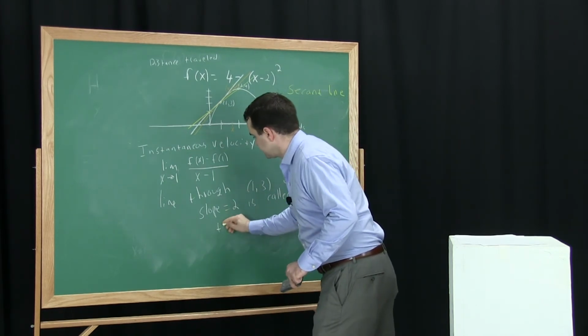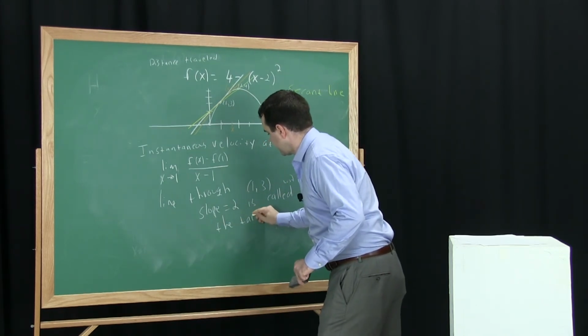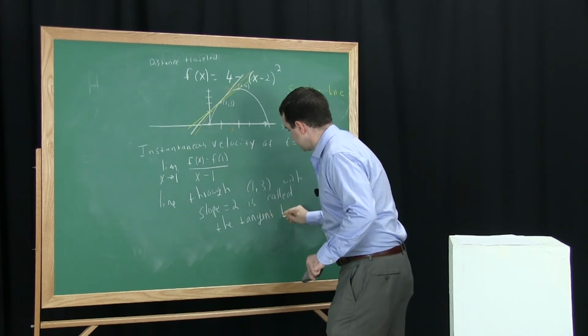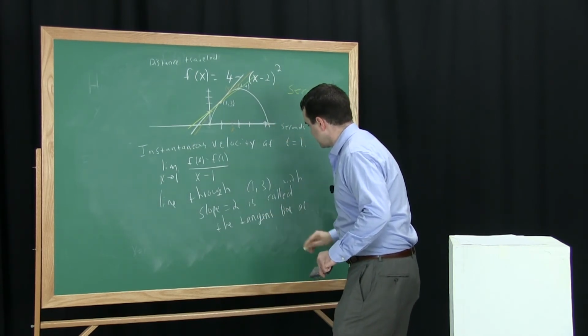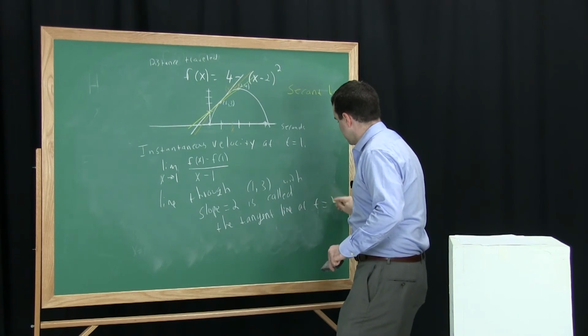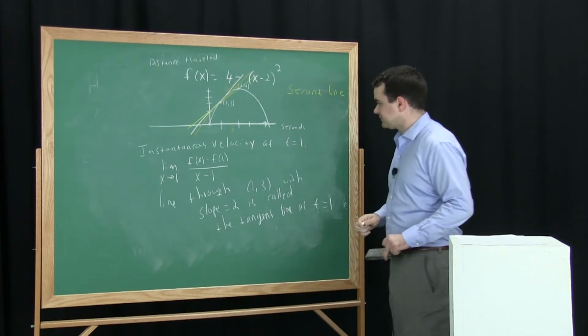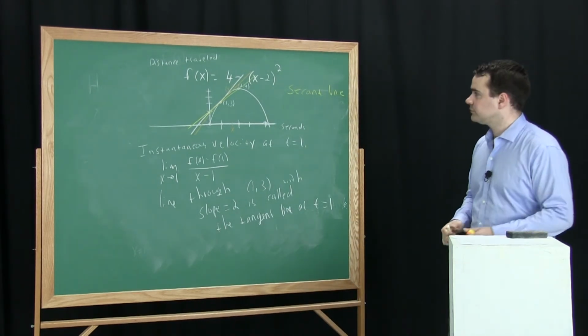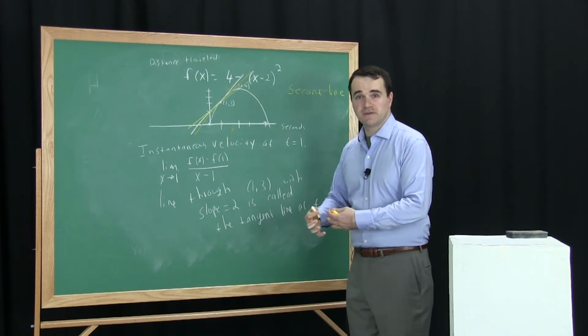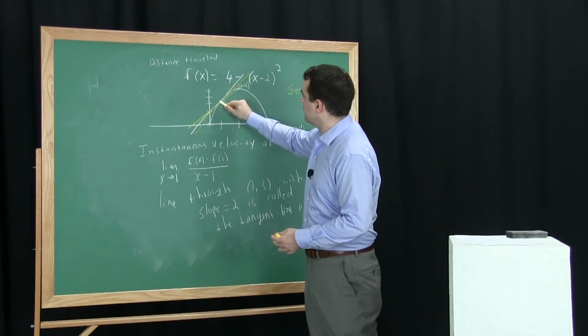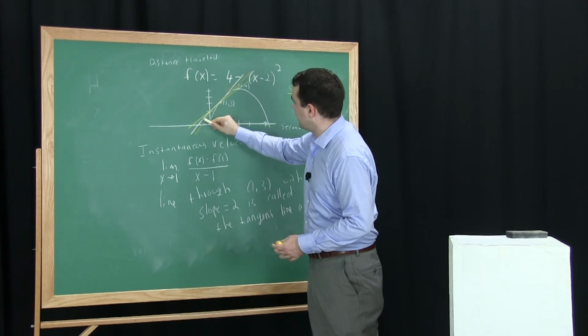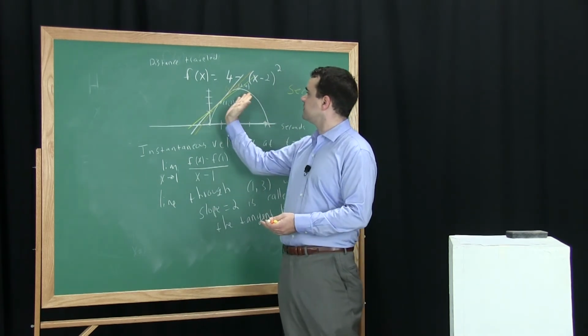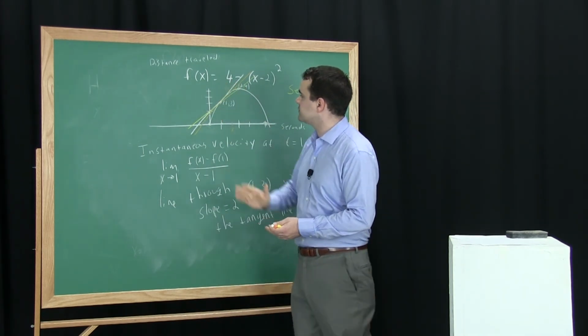This is called the tangent line at the point t equals 1. So your instantaneous velocity is like the slope of your tangent line. That's this line in white. It's a little hard to see, but you can see the yellow, orange, getting closer and closer to the white line.